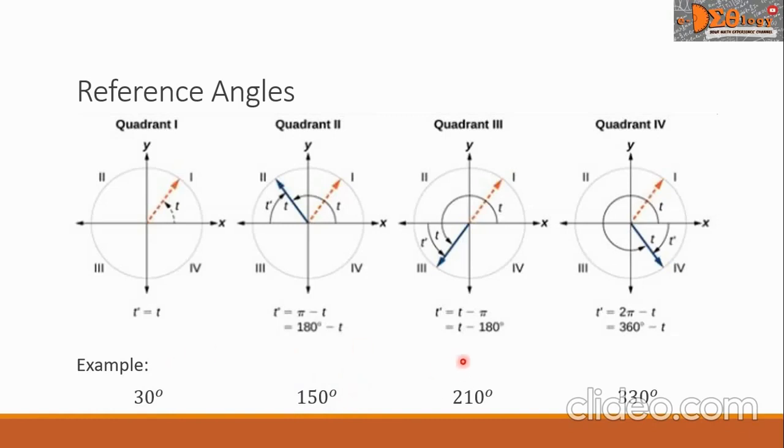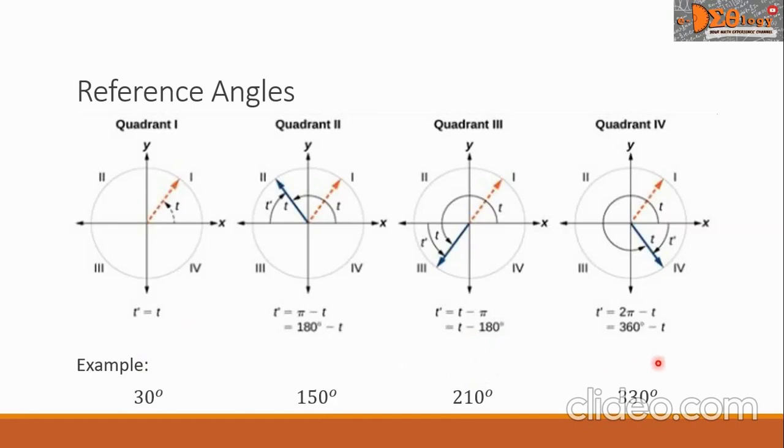Another example is 210 degrees. We know that this angle is found in the third quadrant. To get the reference angle, we use the formula T minus 180 degrees. So 210 degrees minus 180 degrees equals 30 degrees. The reference angle of 210 degrees is 30 degrees. The last example is 330 degrees.